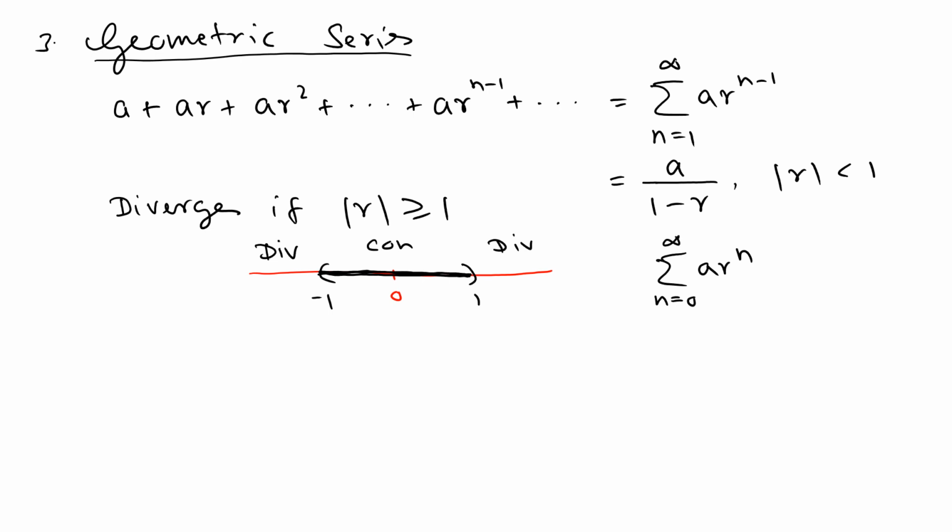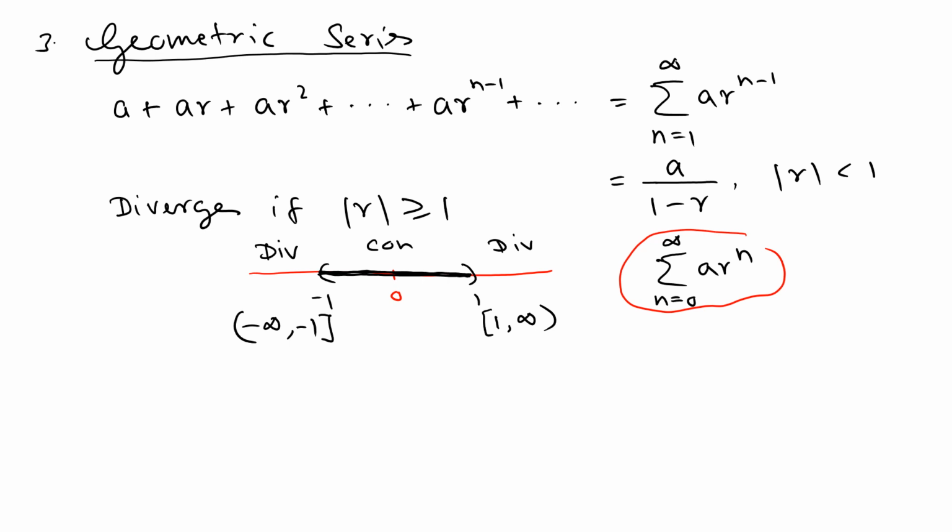So you have to be careful whether you write ar^n or ar^(n-1). In this region, from 1 to infinity or negative infinity to -1, it's going to diverge.